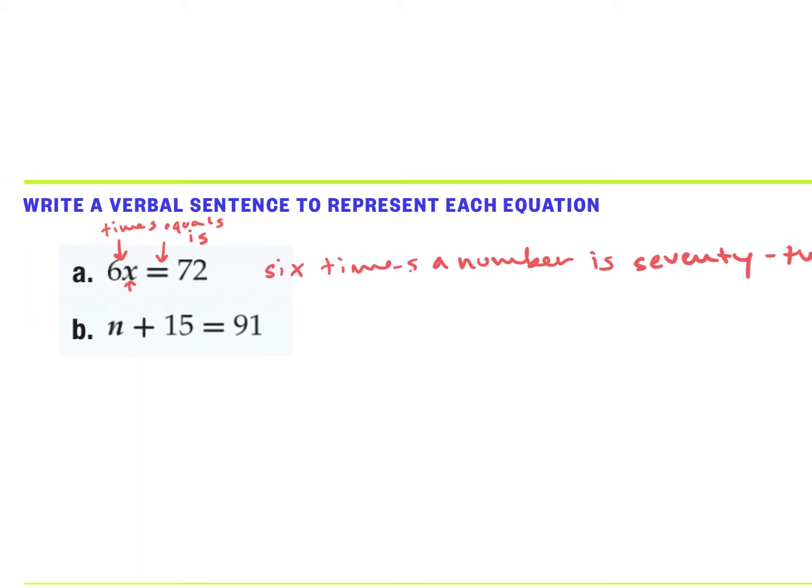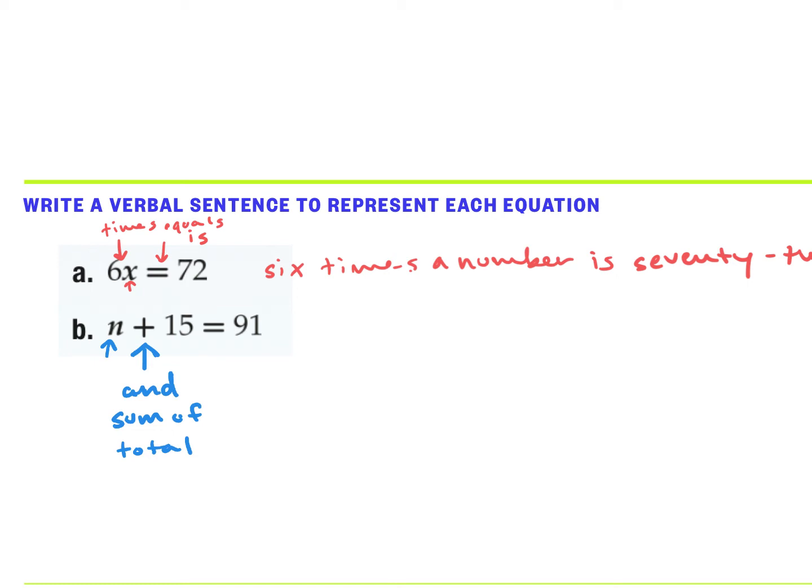Let's look at B. How would I say plus? What's another word for addition? And? What's another word? Sum of. Any other words? Total. What do I say for n?